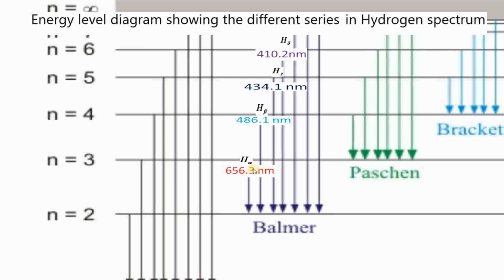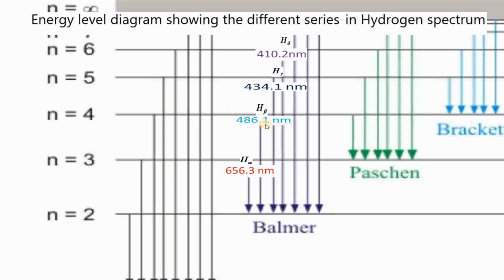The color of the H alpha line is red. The color of the H beta line is blue green, as you can see the color here. The color of the H gamma line is blue, and the color of the H delta line is violet.